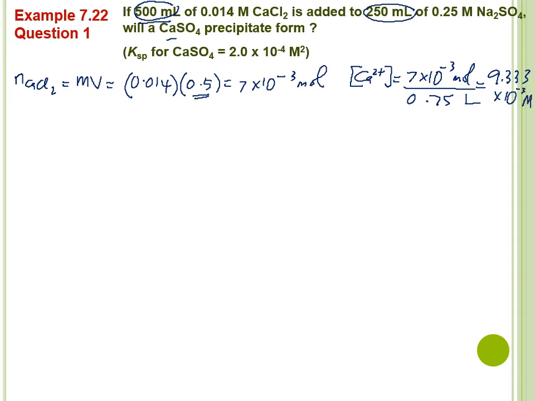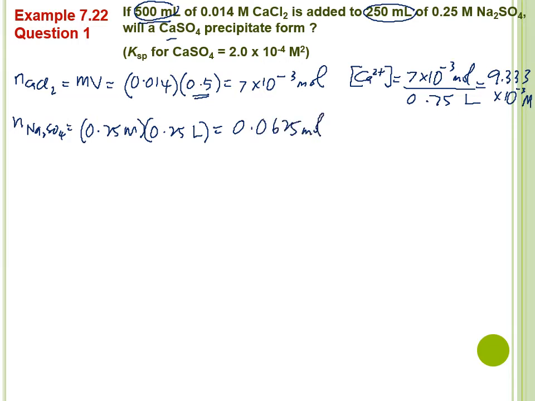Okay, the next step would be to calculate the number of moles of sodium sulfate. Also MV, so what's the concentration? 0.25 molar multiplied by the volume, which is 0.25 liters. This is 0.0625 moles.